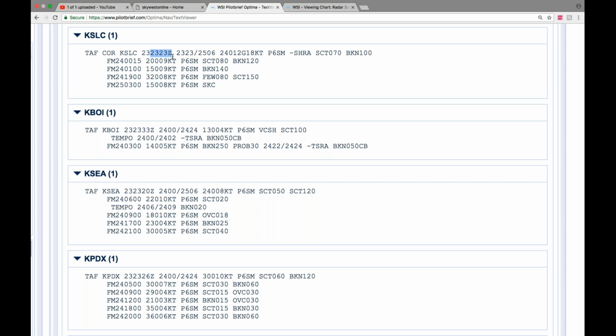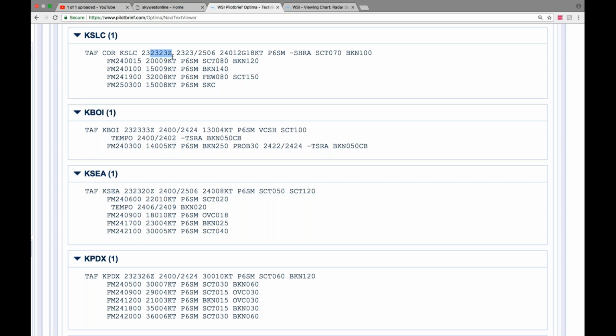TAFs, and I want you guys to write this down. This is super important and super valuable, for all aspects of dispatch, whether it's a test, practical, interview, or when you're actually dispatching. TAFs are issued every 6 hours, 4 times a day.